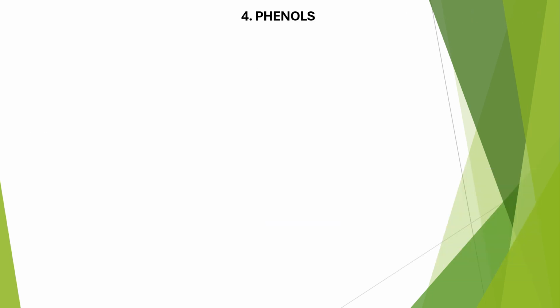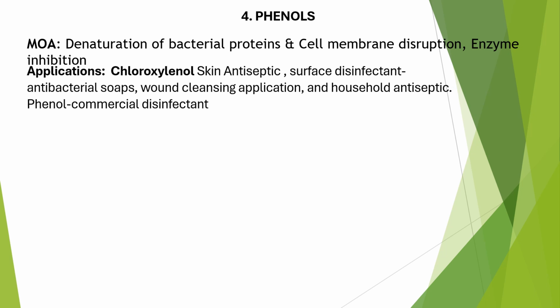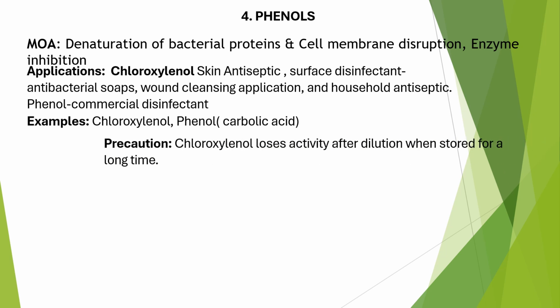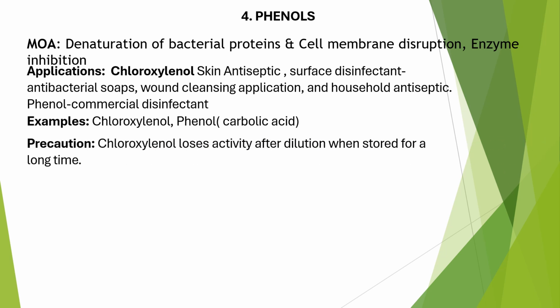We have the phenols. We know the examples under this class. We have chloroxylenol, commonly known as Dettol, and we also have phenol, which is carbolic acid. Phenols cause denaturation of bacterial proteins and cell membrane disruption, and also inhibit the activity of enzymes.